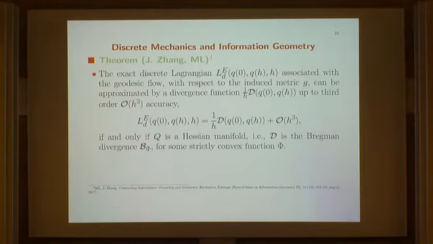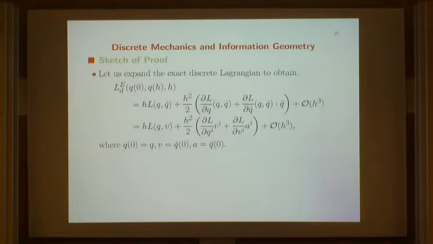So anyhow, you can show that you get something which is second order accurate, and the proof is relatively straightforward. You write down formally, in a Taylor expansion, what the exact discrete Lagrangian should look like for the geodesic flow.